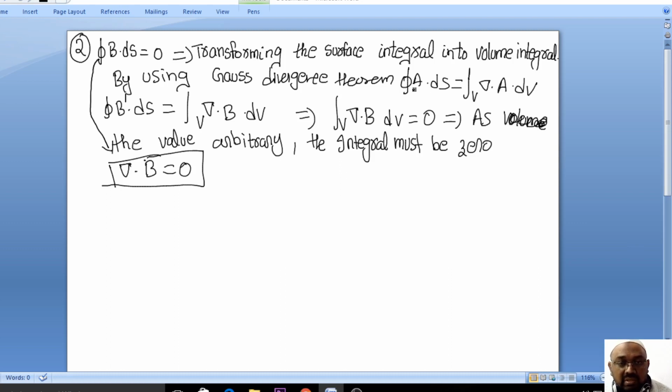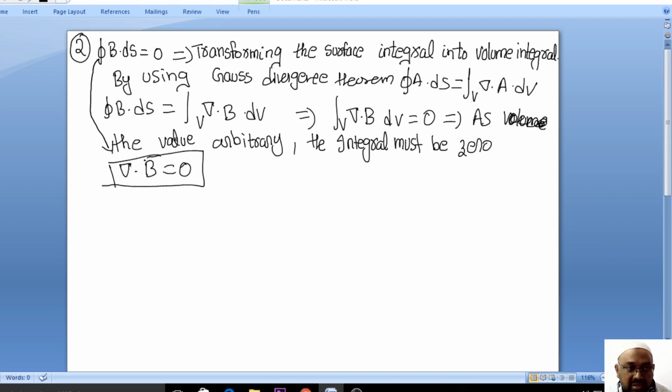The surface integration of A dot dS is equal to the volume integral of del dot A dV. So the integral of B dot dS equals the integral of del dot B dV, and this implies the volume integral of del dot B dV is equal to 0. As the volume is arbitrary, the integral must be 0, so del dot B is equal to 0. So we got the integration form to the differentiation form.